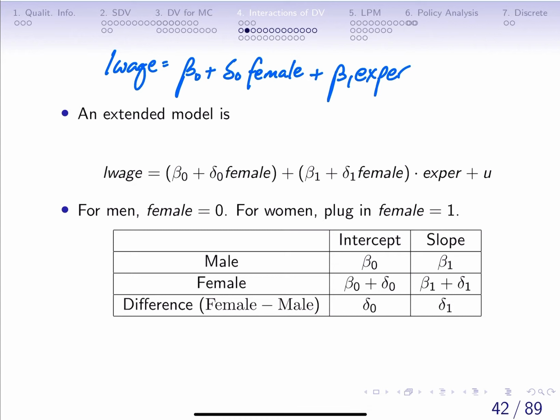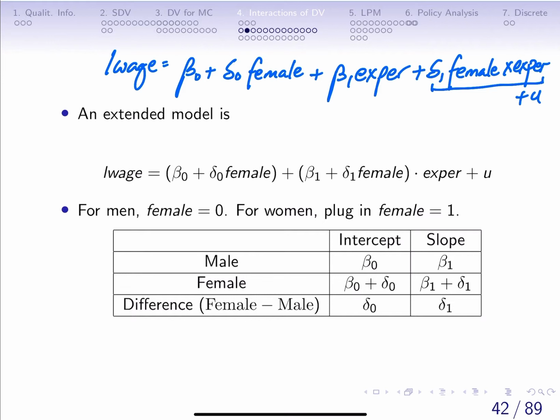And then we introduce another term, the interaction between the dummy variable and the quantitative variable. This is the only thing that changed, and it gives us information about whether there are changes at different levels of experience between men and women for log wage.